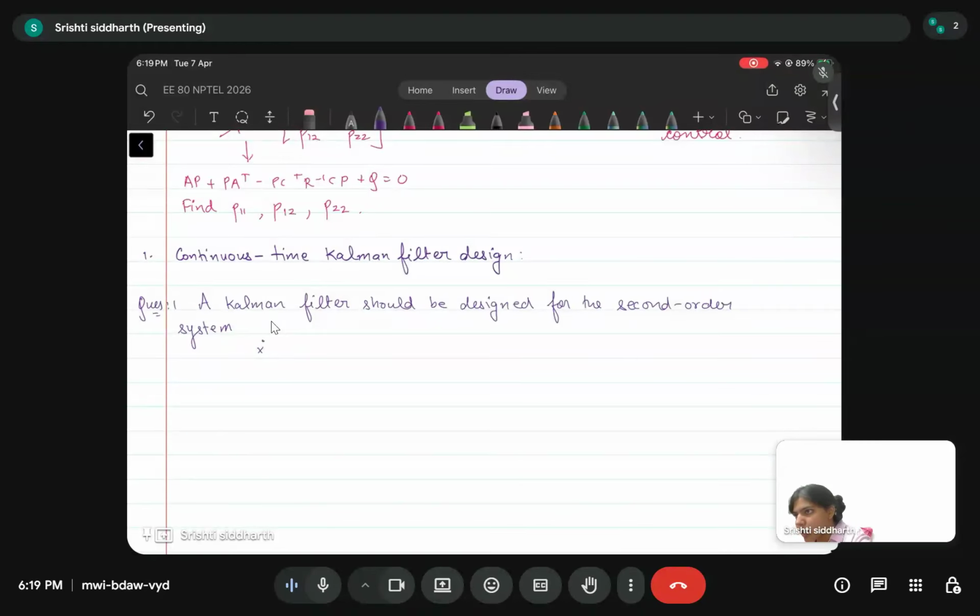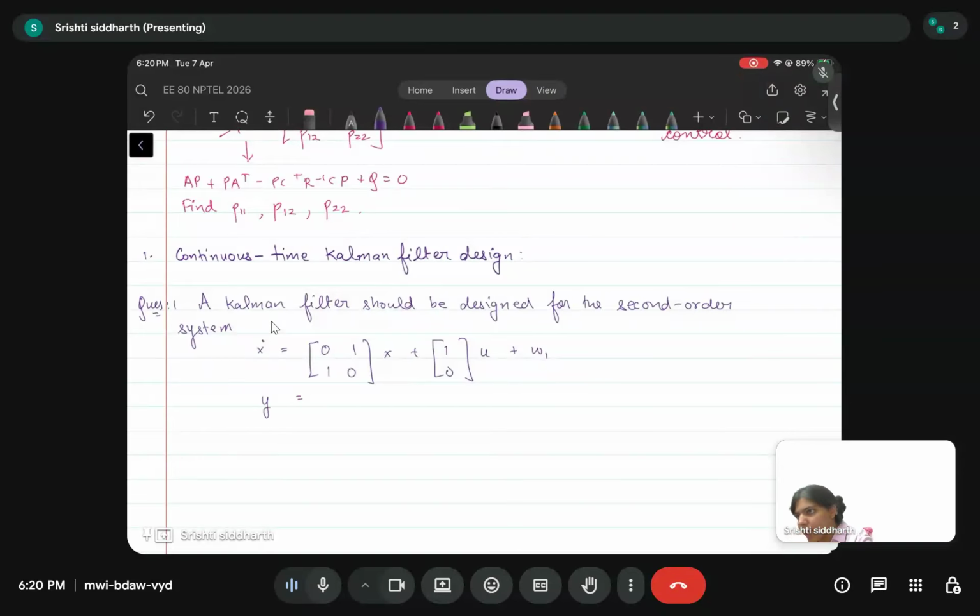The system is x dot equals [0, 1; 1, 0] x plus [1; 0] u. So the input is present in the dynamics of the first state, and we have the associated input noise, w1. So the variables x, u, and w are functions of time.